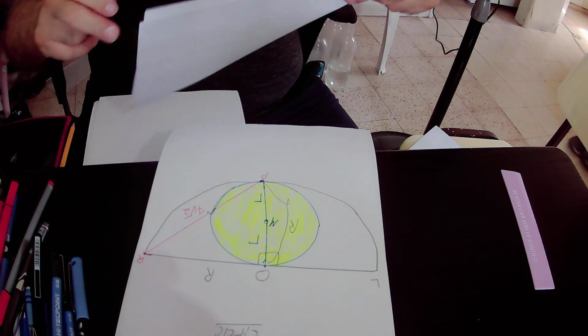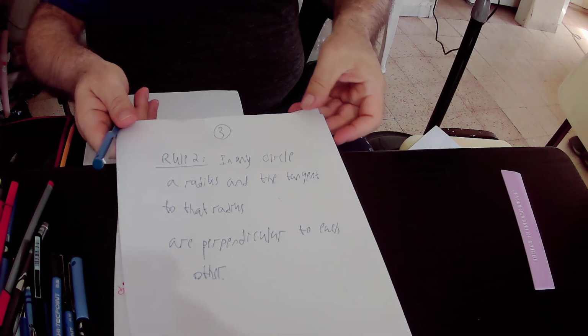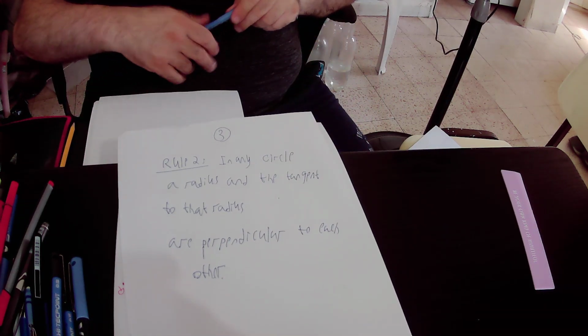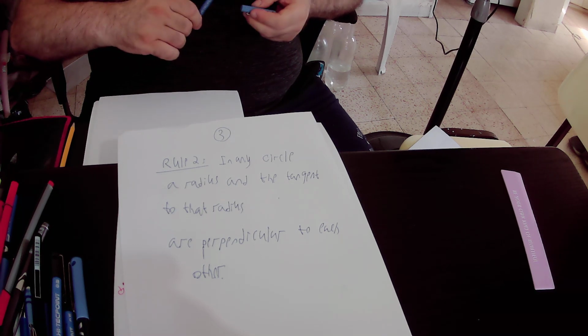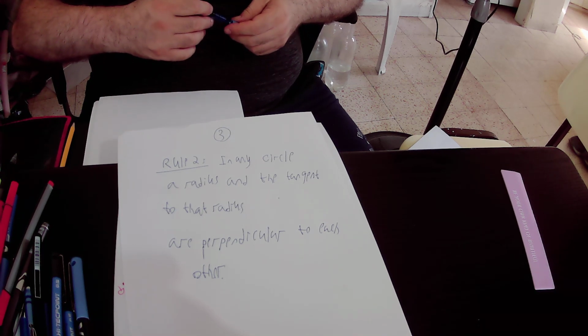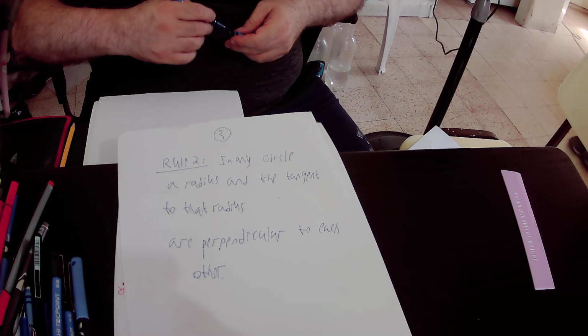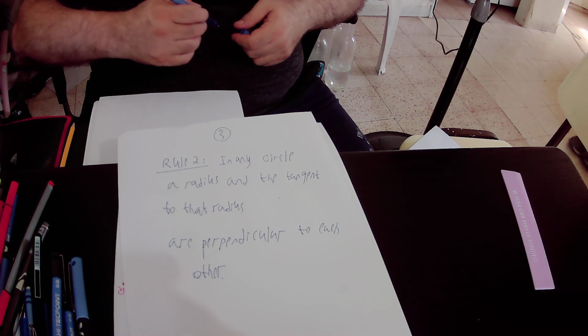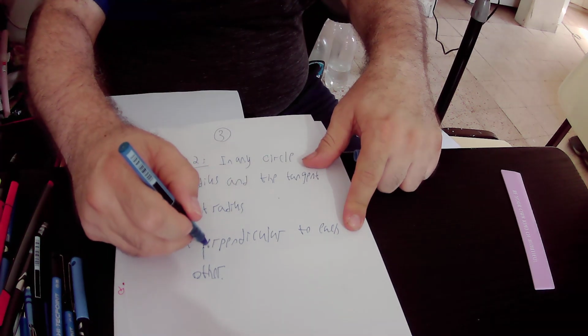So now I will read it again. Rule number 2 states that in any circle, a radius and the tangent to that radius are perpendicular to each other.